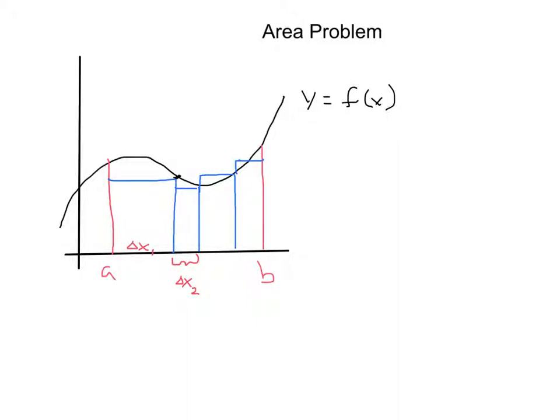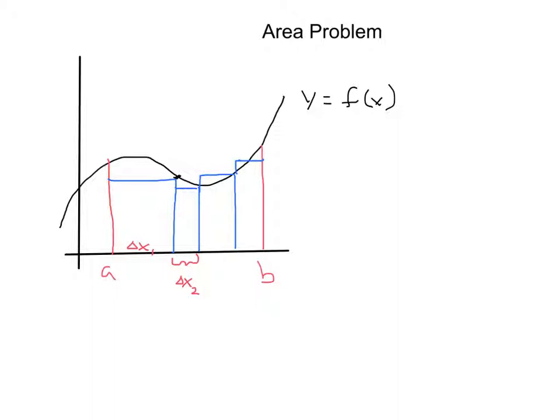Now, once we know what our base is and we know the height, we can approximate the area in each one of these subintervals of our partition. We calculate that by just finding the area of that rectangle. So we'd find the area of this rectangle, the area of this one, and that one. And we could then add those areas up, and that would give us an approximation of that area.